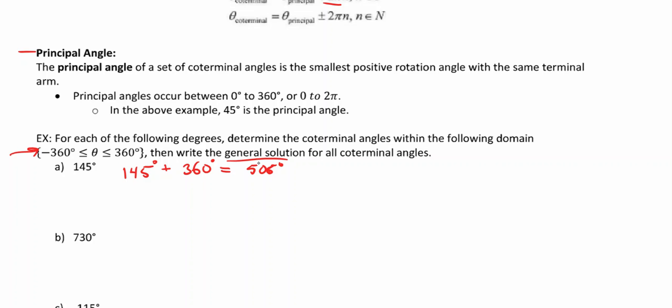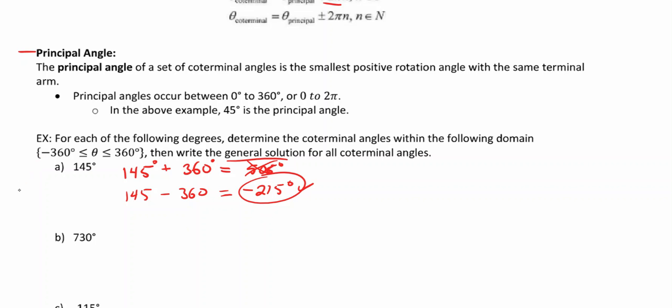Well, that's not part of our domain, right? That's above 360, so that doesn't count. But if I go 145 minus 360, then I'm at -215 degrees, and that is within our domain here, right? So that would be the one solution if we were restricted by this domain.